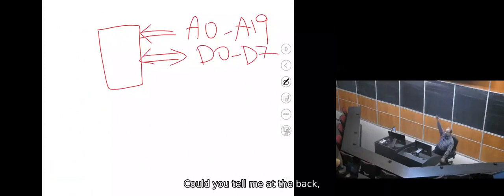Could you tell me at the back? You. Raise your hand. Could you tell me why I put this as a unidirection and this as the bidirection? Could you have any guess? That one is address bus.